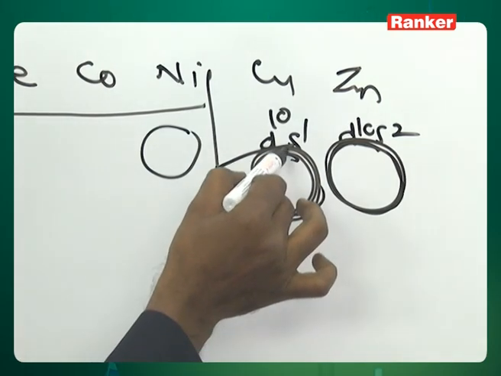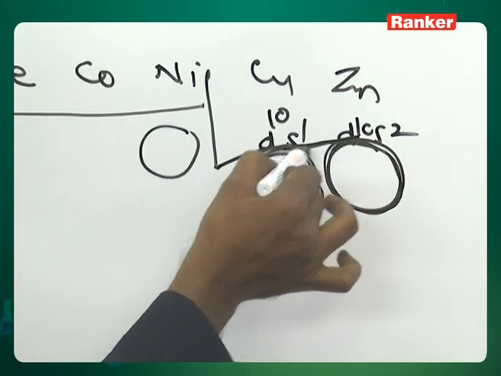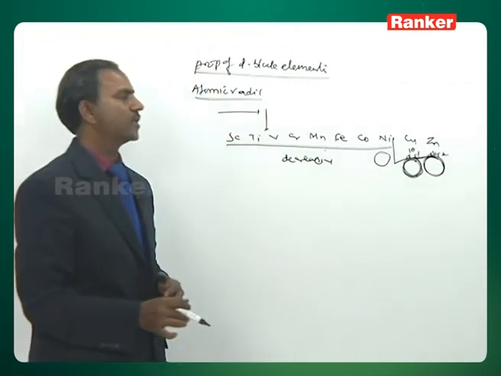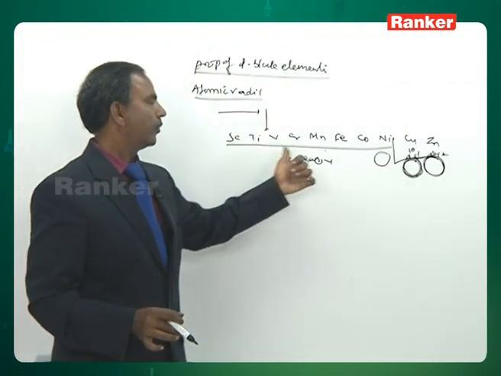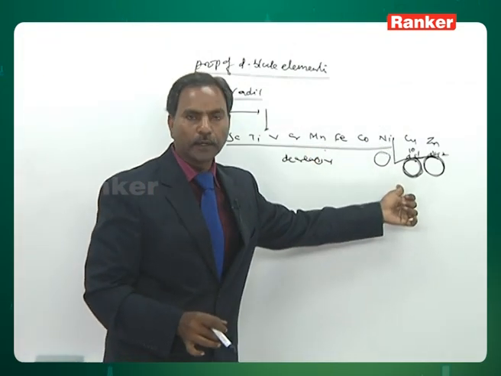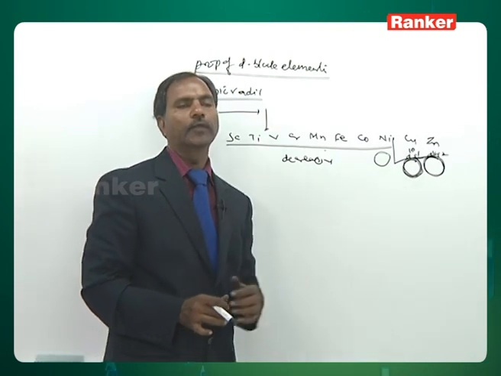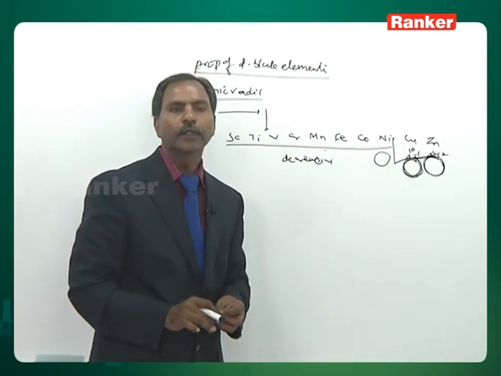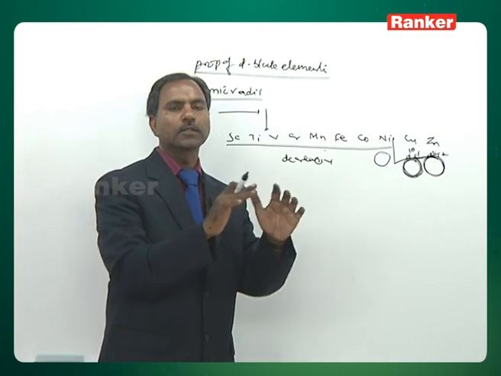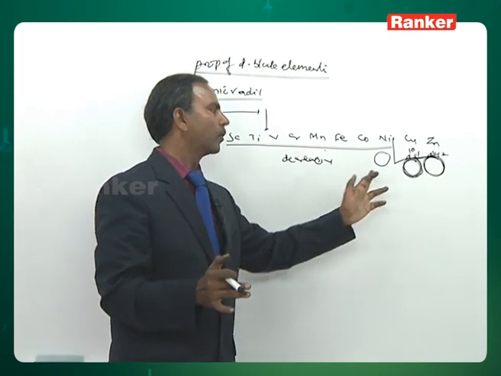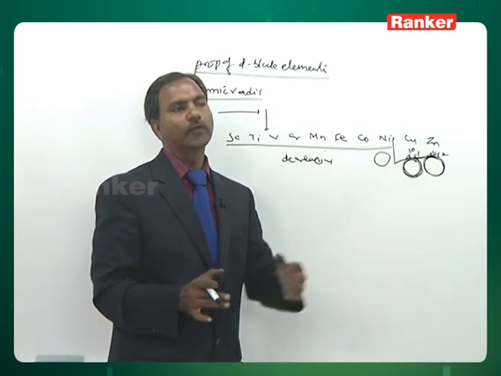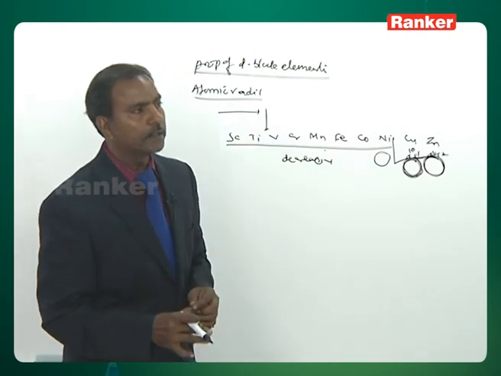Therefore, nickel to copper, atomic size increases, and copper to zinc also increases. So scandium to nickel atomic size decreases, but for copper and zinc it increases.